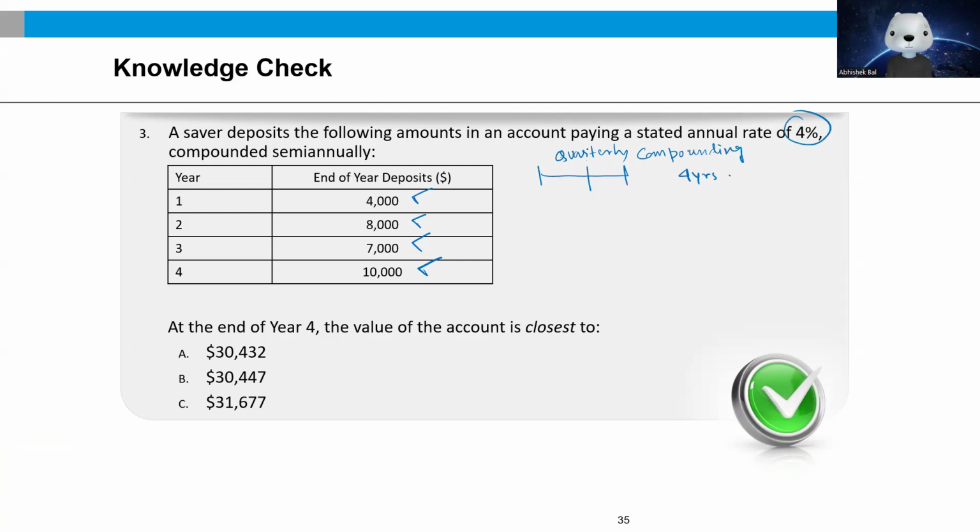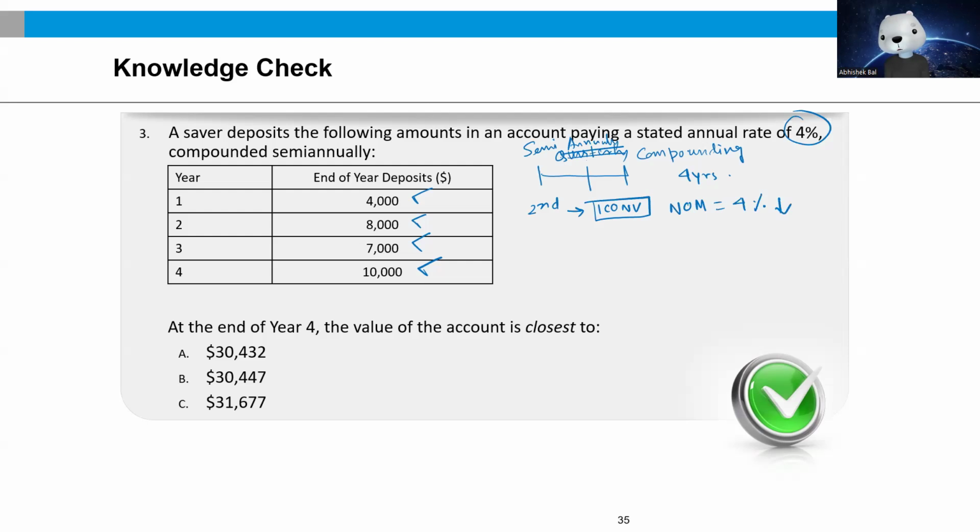So again, the best way of doing this is first to convert this into the effective annualized rate. In order to do so, we press the second function button, and then we come to the interest rate conversion worksheet. So nominal is 4%. Press the down key.